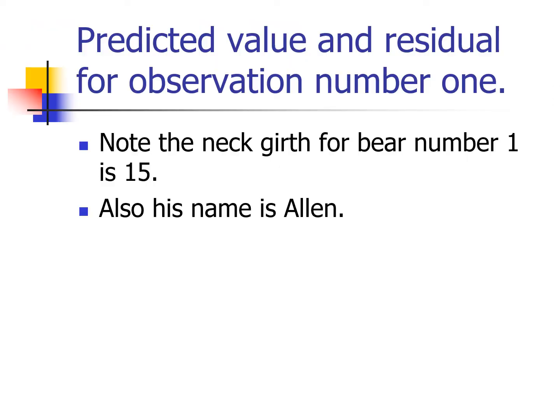I went ahead and did proc print for that first observation and found out that the neck girth for that bear was 15. So the predicted value was what we would predict the weight to be for a bear who has a neck girth of 15. And my favorite part of the bear data set is that the bears have names. That bear's name is Alan.